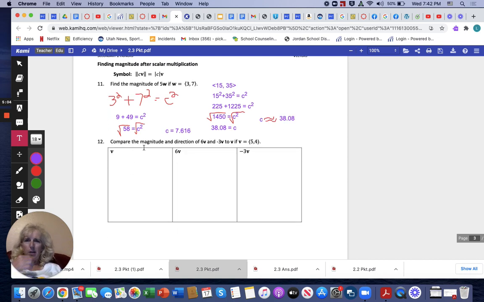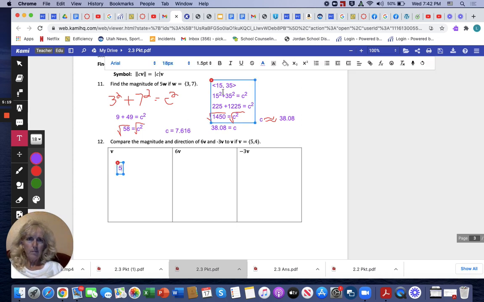So down here, compare the magnitude and direction of 6v and negative 3v to v if v is 5, 4. So the magnitude of 5, 4, we're going to go ahead and take 5 squared plus 4 squared equals c squared.